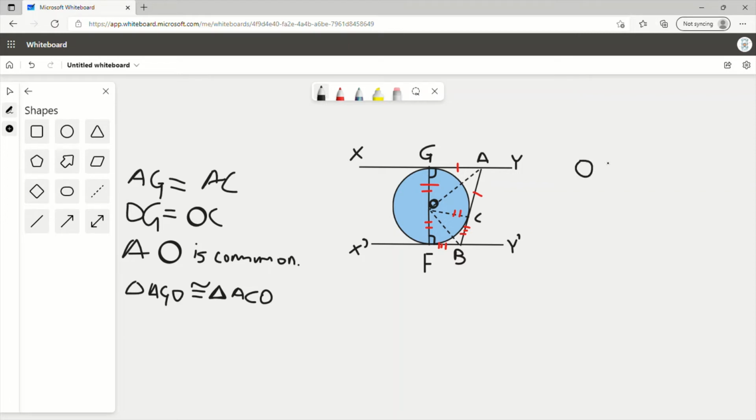OC equals OF because radius of circle, OB is common, and BF equals BC.